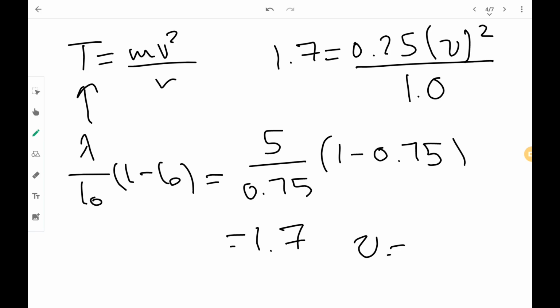You will get v to be 2.61 meters per second.